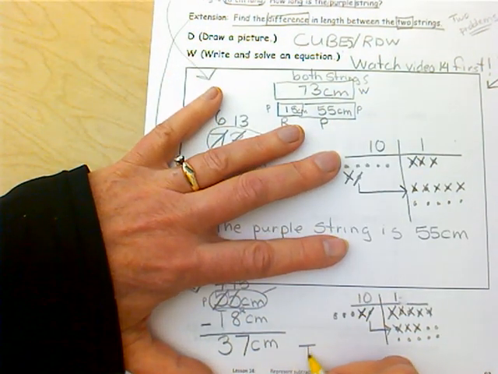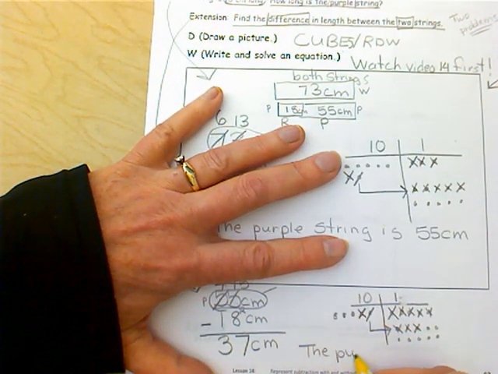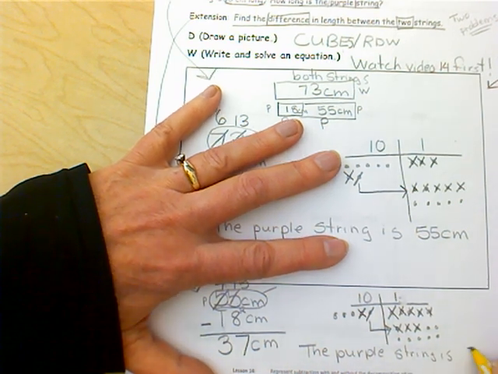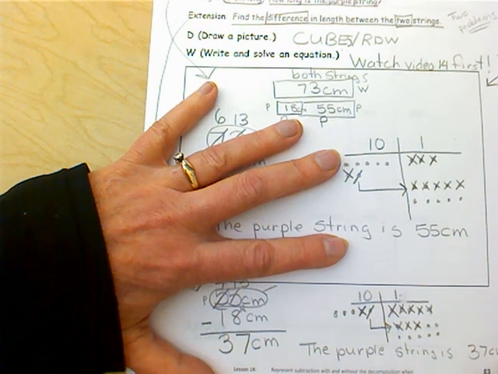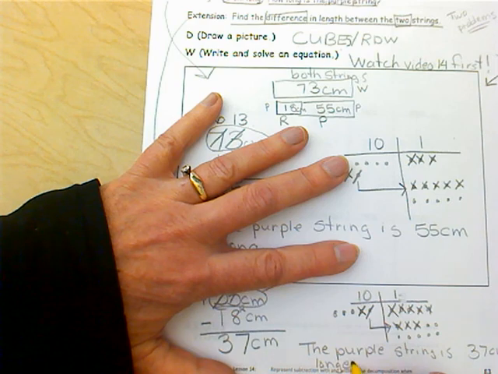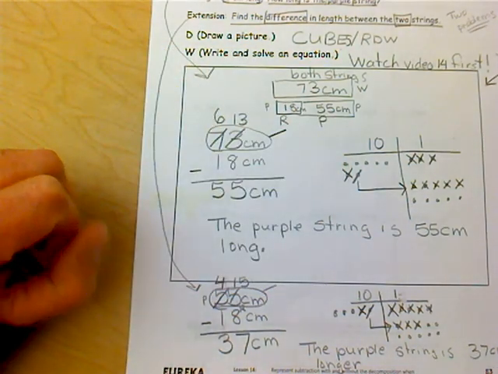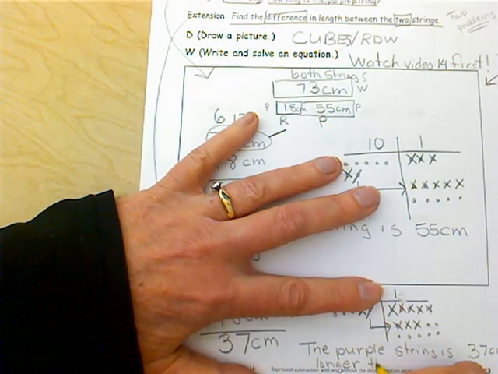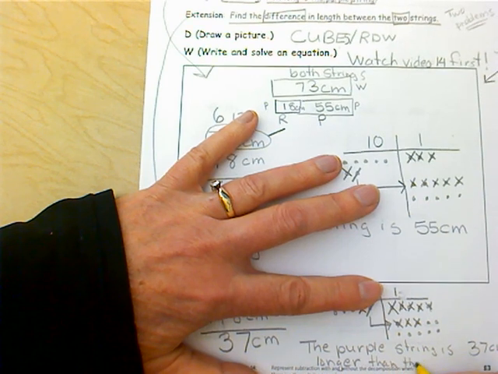So the purple string is 37 centimeters longer. The purple string is 37 centimeters longer than the red string.